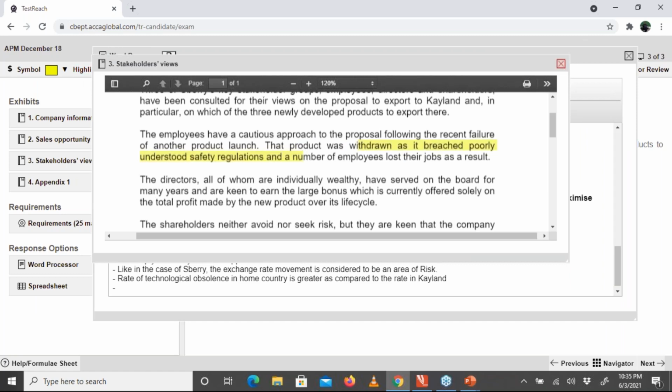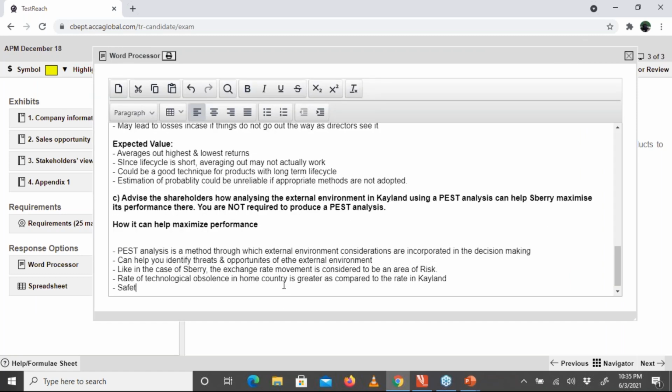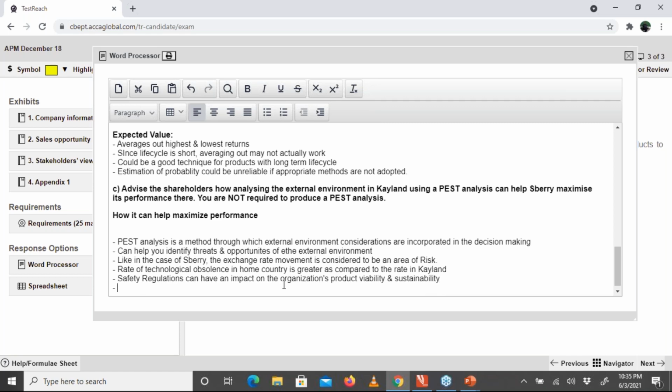So what could happen is that the safety regulations can have an impact on the organization's product viability and sustainability.